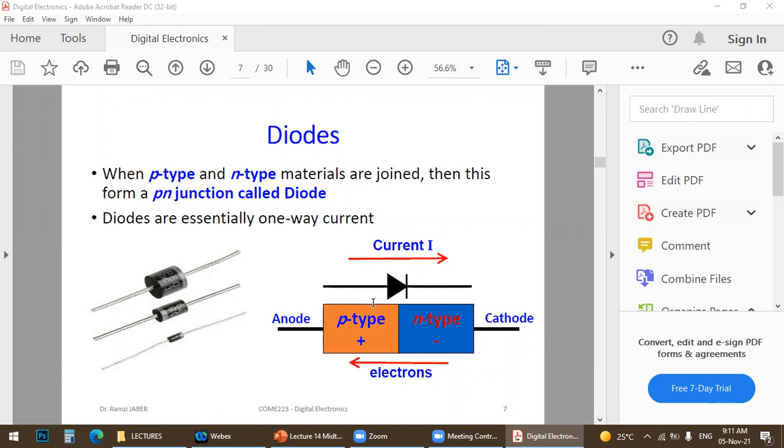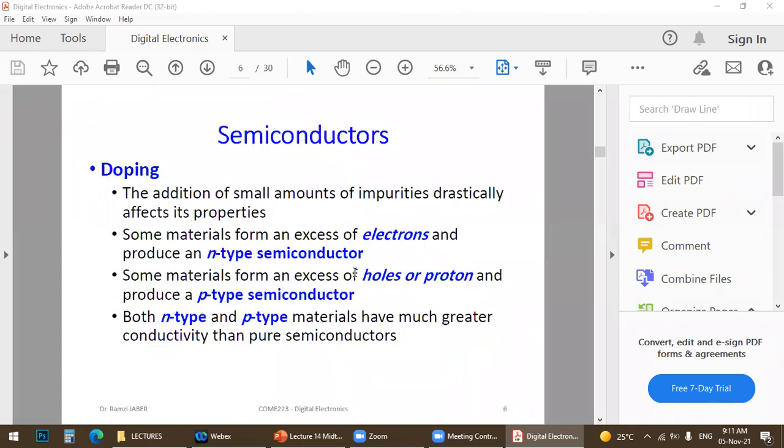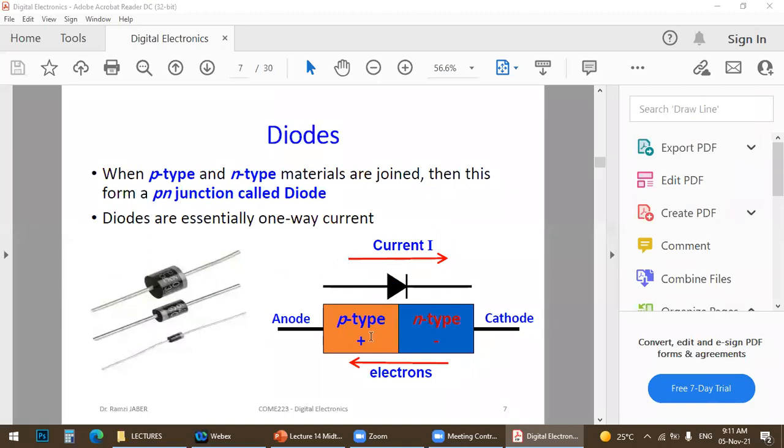Read about this p-n junction, when we put p-type and n-type doped semiconductors together. N-type has an excess of electrons. P-type semiconductors have an excess of protons or holes. Here n-type is negative, p-type is positive. Put them together to construct a p-n junction called a diode.